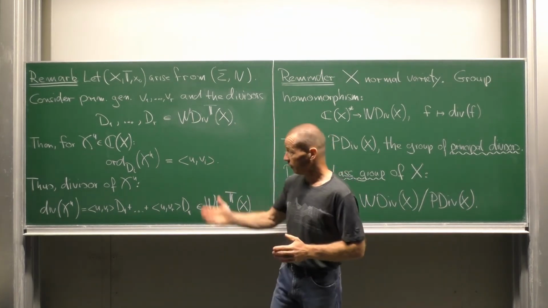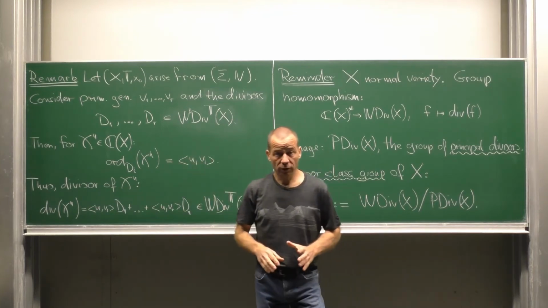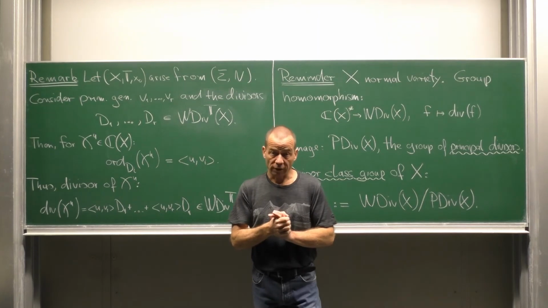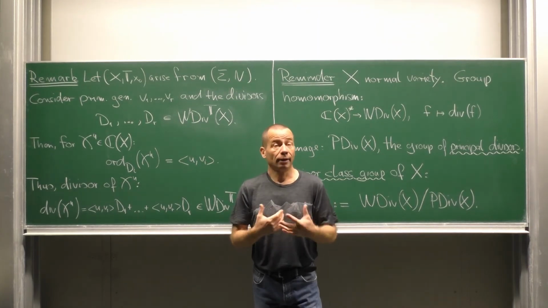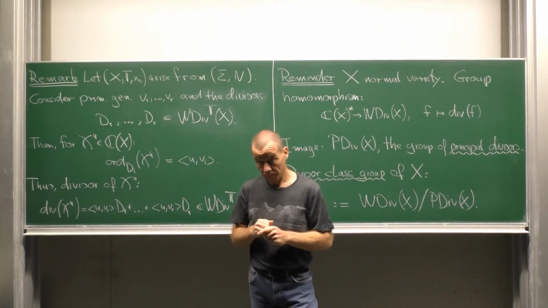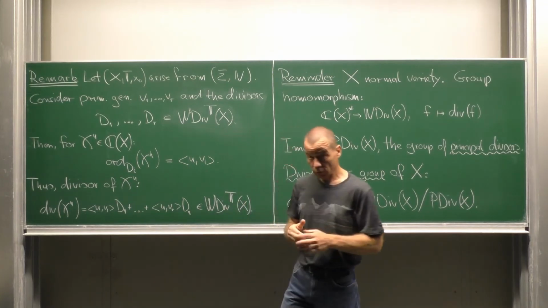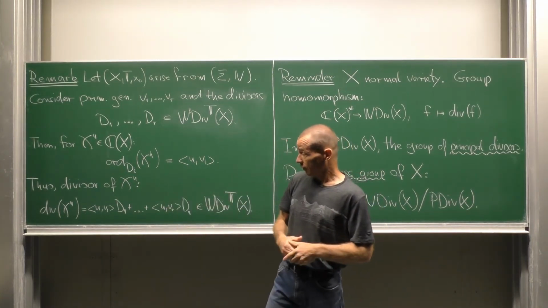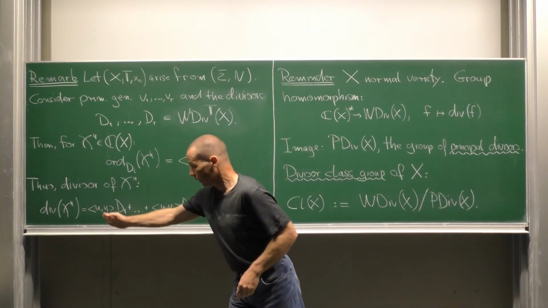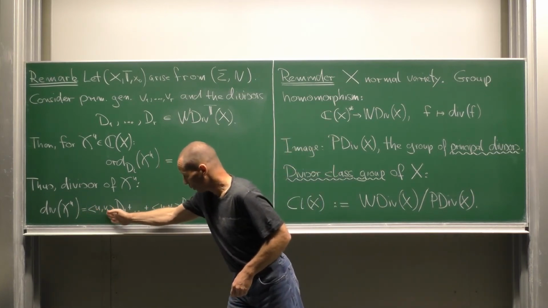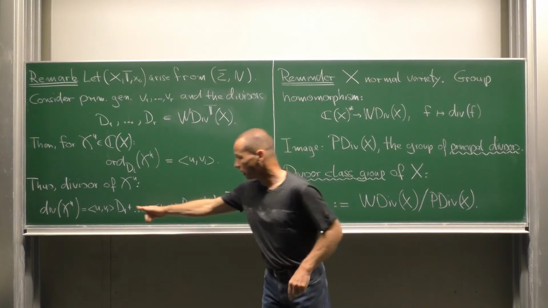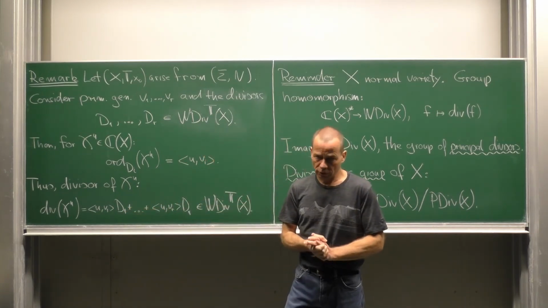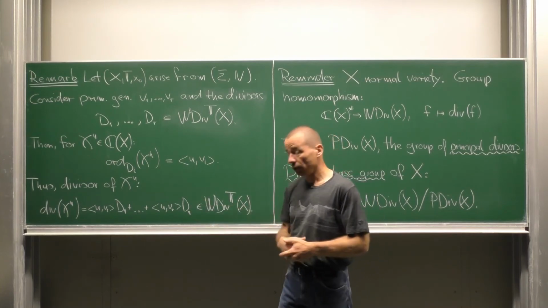The reason for this is that we can determine this order on a suitable open affine subset, and this we did just before. So the divisor of a character function is given as div(χ^u) equals u(v_1) times D_1 up to u(v_r) times D_r.